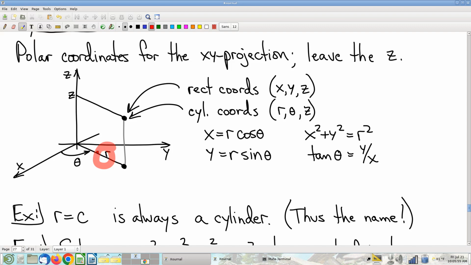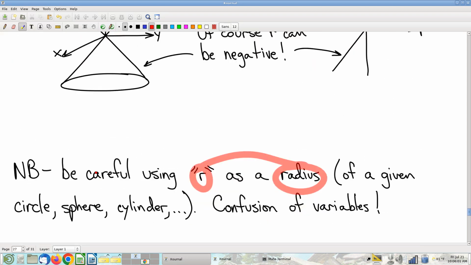And likewise, height, you wouldn't call it Y. You need to reserve that as a variable. So likewise here, please be cautious not to accidentally confuse your variables. And now some options. If you want, instead of R, you could call it R naught. You could call it R star if you wanted to.